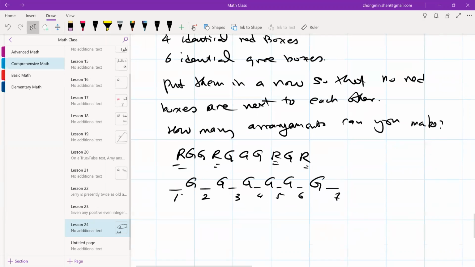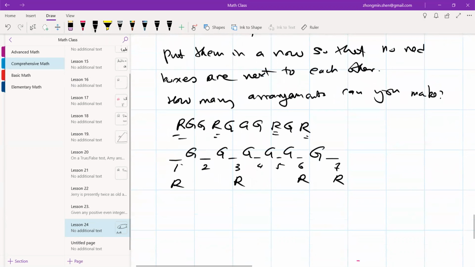So you have to pick 4 spaces out of 7. It could be that one, that one, that one. For example, if those 4 spaces are selected and you put the red boxes there, you are guaranteed that no red boxes are next to each other.